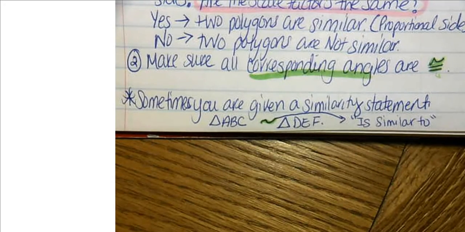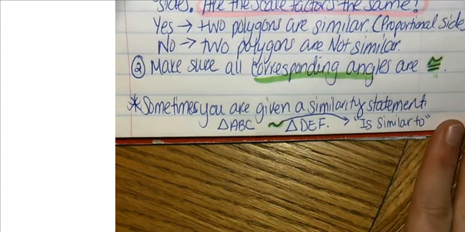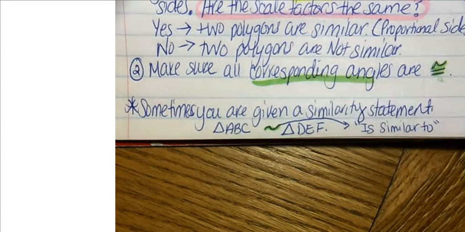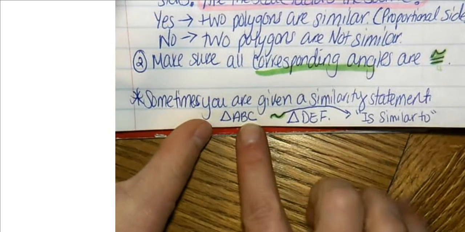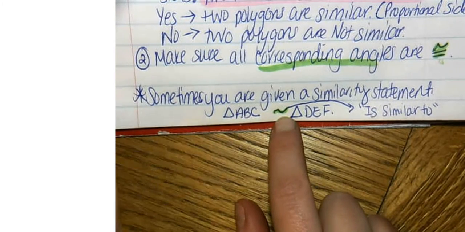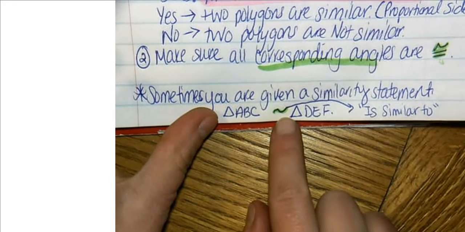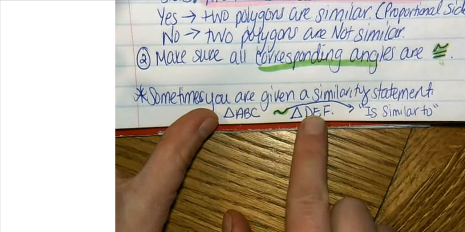So sometimes this is going to be given to you, and this is known as a similarity statement. Very similar to a congruent statement. When we had congruent statements, we would say that triangle ABC was congruent to, but the piece that's missing is the equal sign underneath the similar symbol. So that's what makes this similar, but we're used to triangle ABC being congruent to triangle DEF.